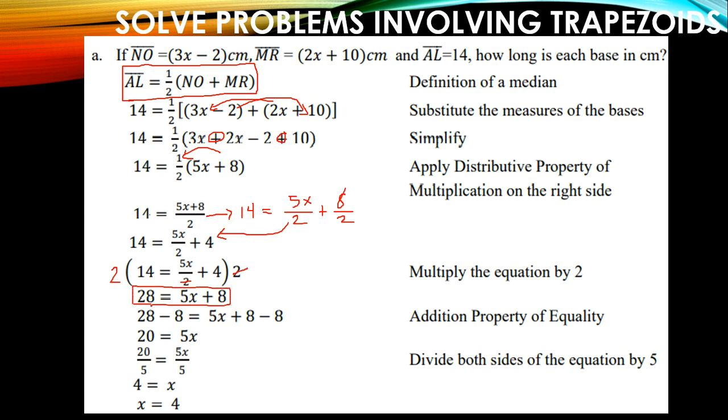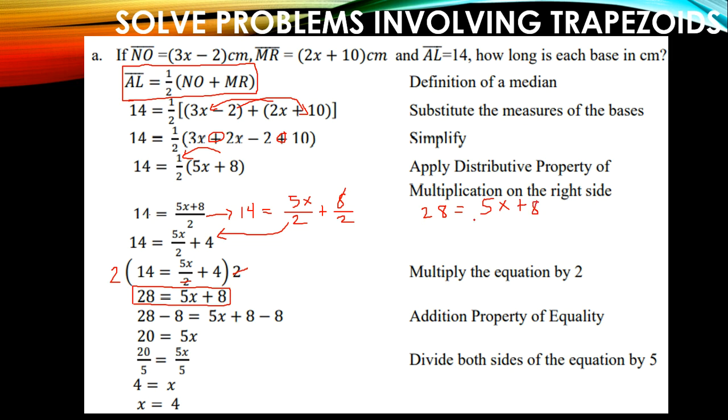So actually, we discussed na sa atong naging video lessons about the addition property of equality. So no need na i-discuss nako karon kay medyo komplikado. So I'm going to discuss again the transposing method. So originally, we have 28 equals 5x plus 8.